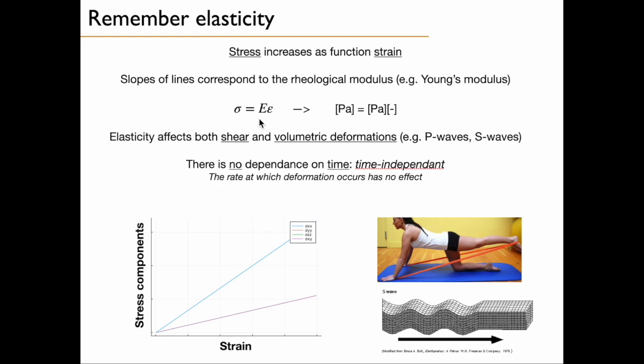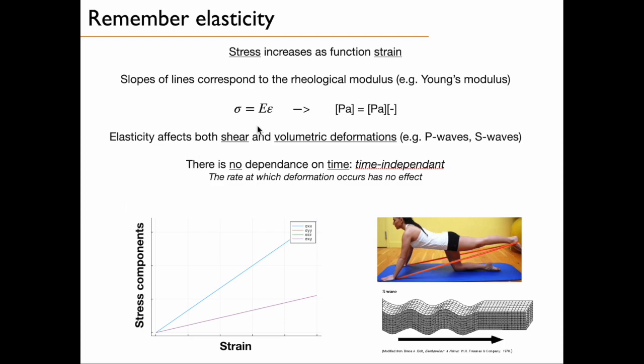So here's the relationship: sigma equal E times epsilon, where sigma has unit Pascal, epsilon is strain with no unit, and the Young modulus E has unit Pascal. So let's make Pascal equal to Pascal.